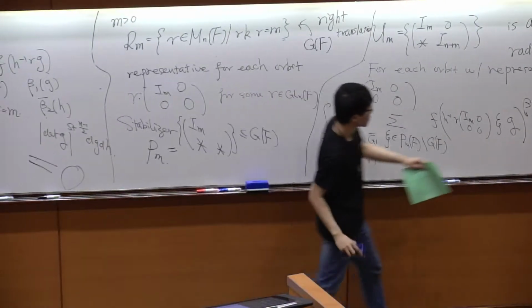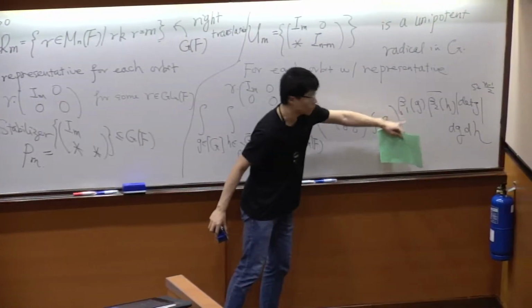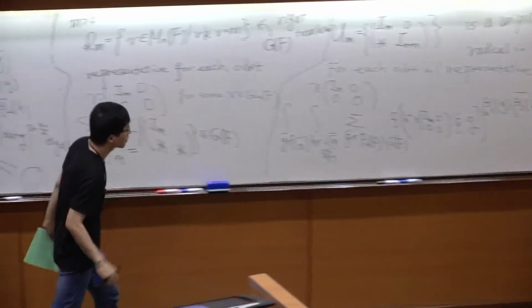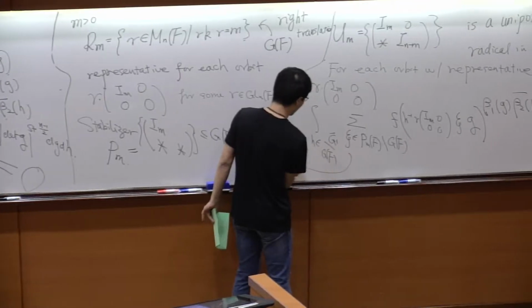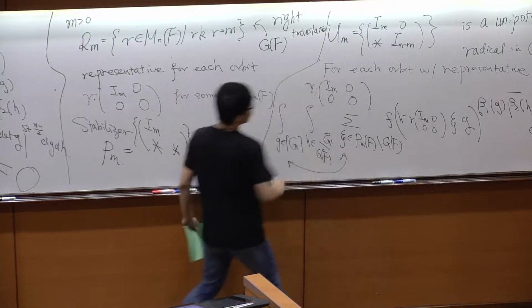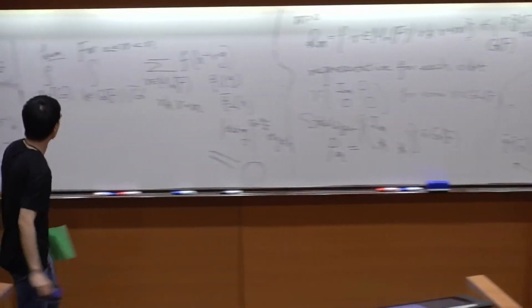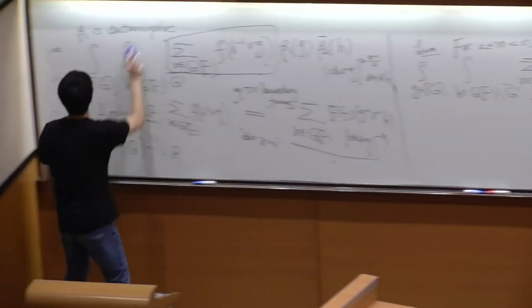Then again, we use the fact that the function beta 1 here is automorphic. Then we can do some unfolding procedure for these two variables. And we can simplify the integration to be of the following form.